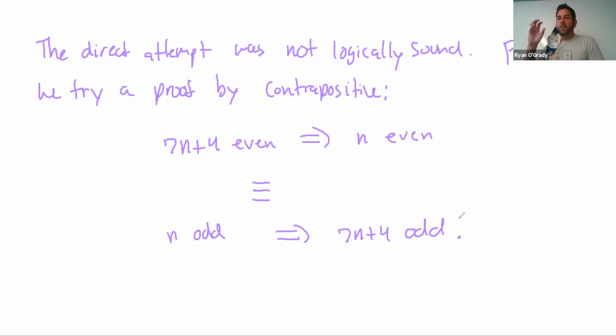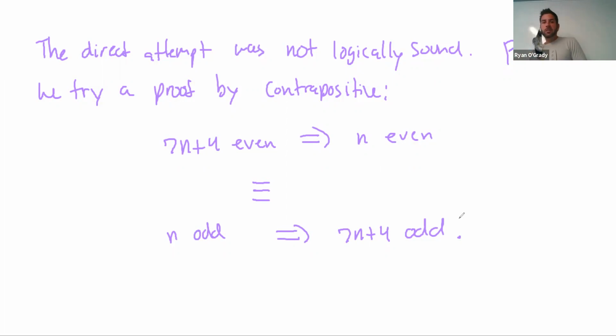Oftentimes when a theorem is stated in this manner, if one direction is easy, the other direction is hard. However, it's only hard if you try to prove it directly. If you use the contrapositive, that is, not Q implies not P, then it's often a little easier to prove.